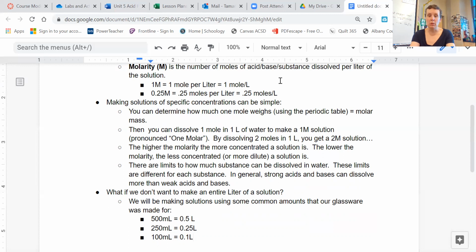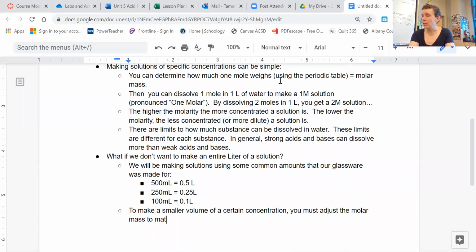So those are really common sizes of glassware that we'll be using to make solutions. To make a smaller volume of a certain concentration, you must adjust the molar mass to match the volume you will be making.